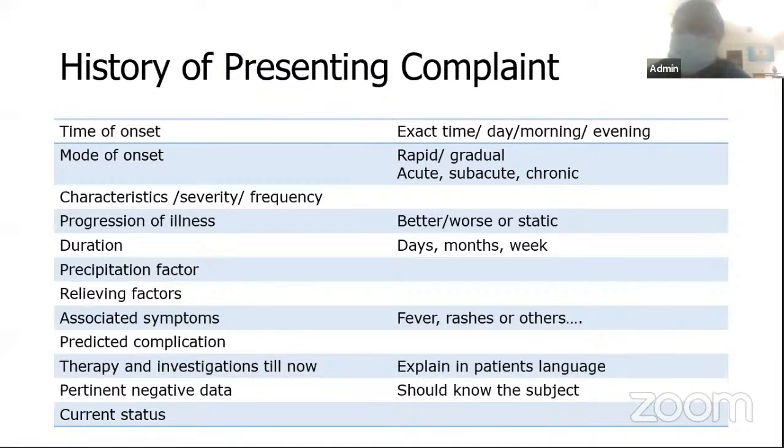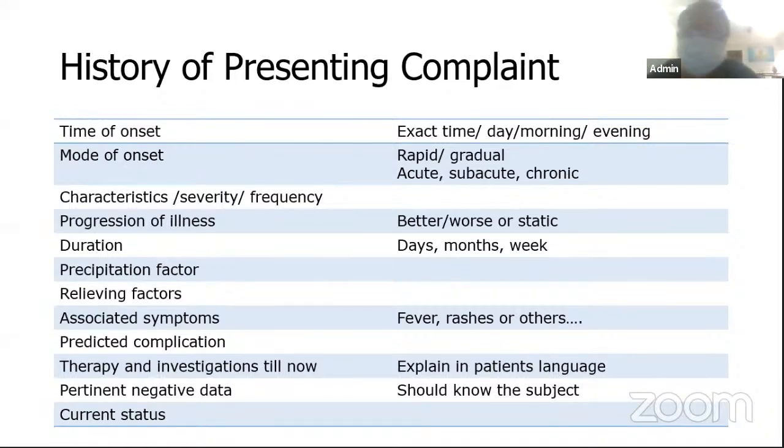Whenever you get a complaint, it may be fever, it may be headache, whatever it is, you have to ask a few characteristics of these complaints and explain. Like the time of onset, the exact time: in the morning, in the night, or in the evening. Then the mode of onset. The headache may be rapid in onset, as in subarachnoid hemorrhage, where the headache is very sharp in onset, or it may be gradual, very chronic in onset, especially in case of intracerebral space occupying lesions.